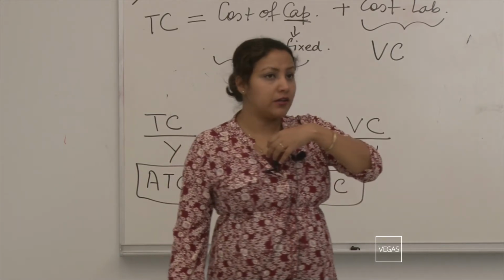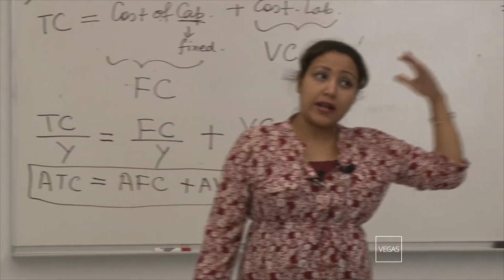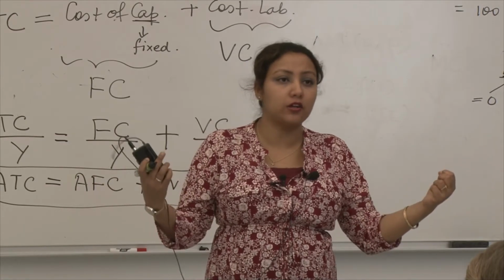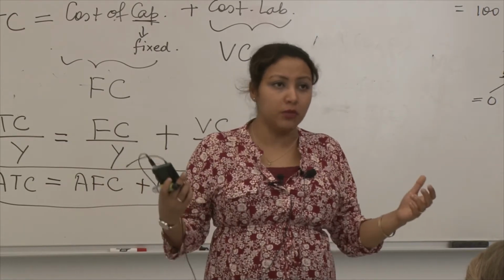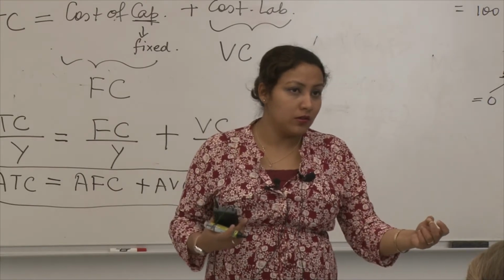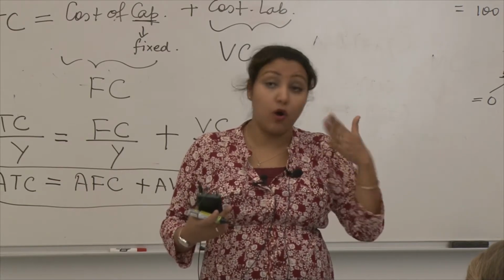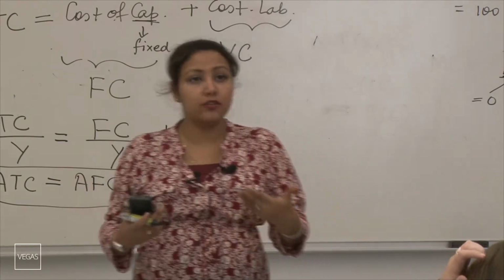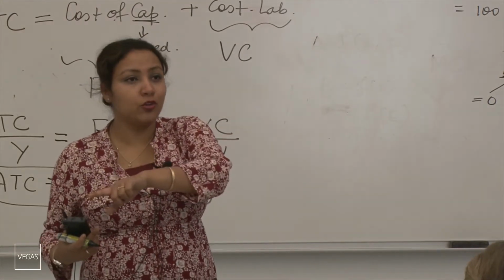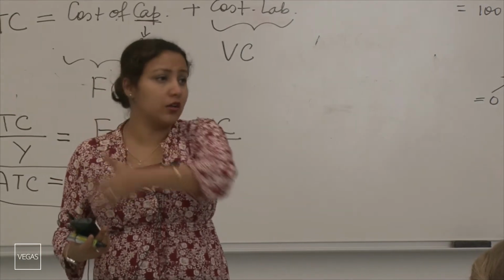So from my cost perspective, when I bring in the first set of workers who are extremely productive, they churn out maximum output for me with maximum productivity. So it is cost effective for me to hire those workers. But as I start bringing in less and less productive workers, or in other words, when diminishing productivity sets in, it is effectively becoming costlier for me to hire those workers, because I am having to pay the same wages to these less productive workers.